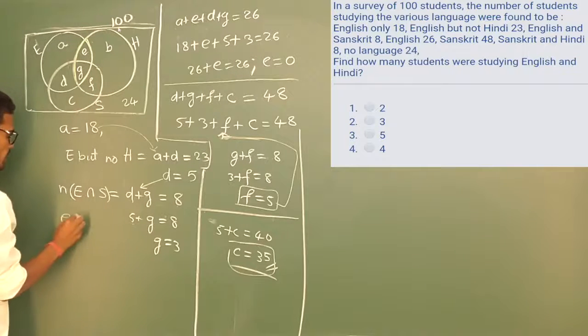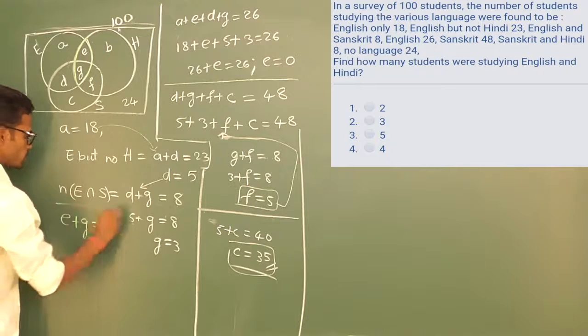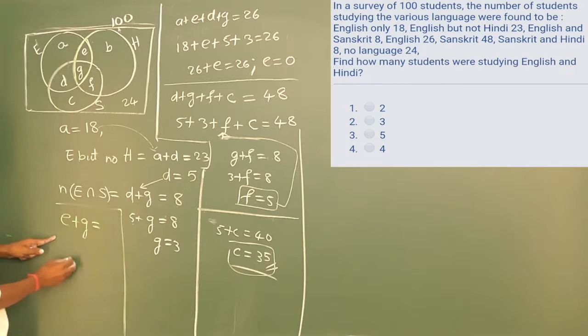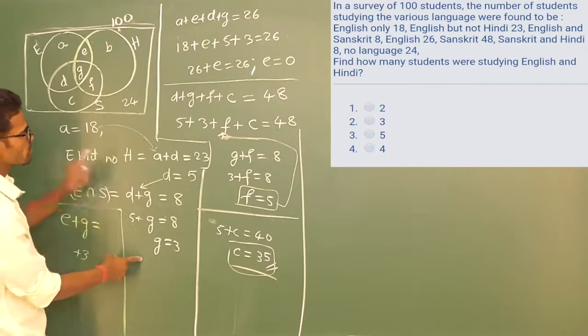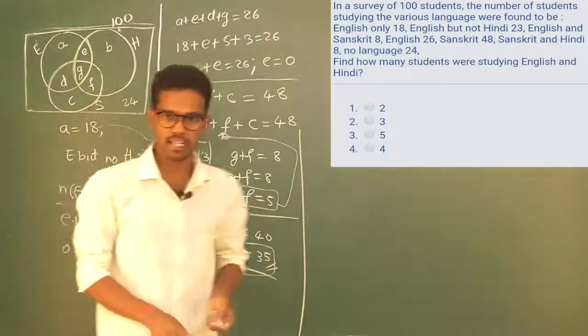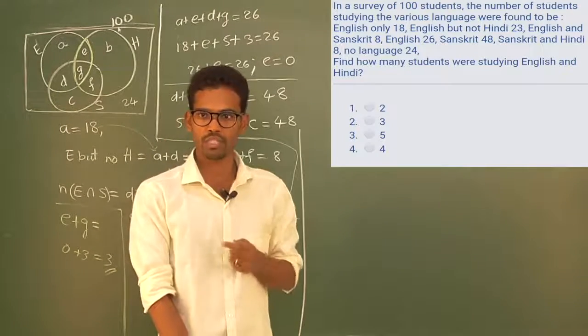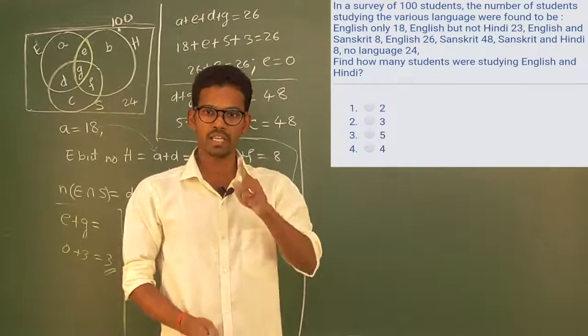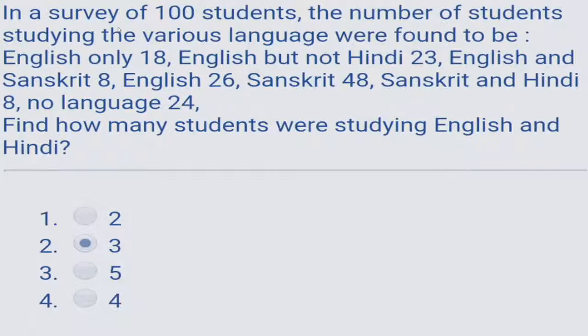The required answer, E plus G is equal to, G is 3, and what was the E part? Did you find the E part? Yes, E is equal to 0, so 0 plus 3 is equal to 3. So, which is our correct answer? It is 3. So, how many students were studying English and Hindi? 3 students. So, our option is going to be the second option, answer 3.